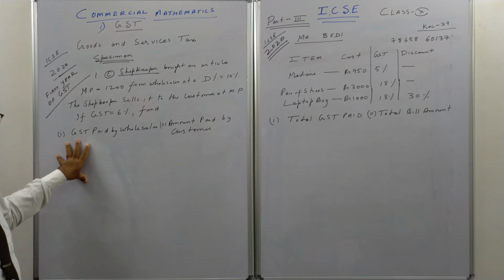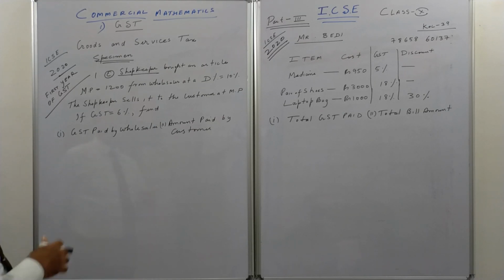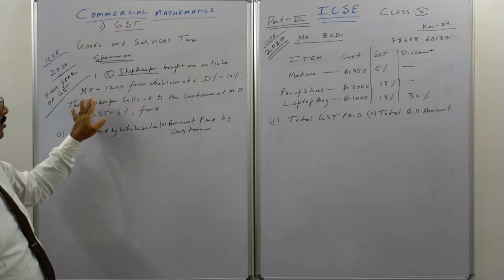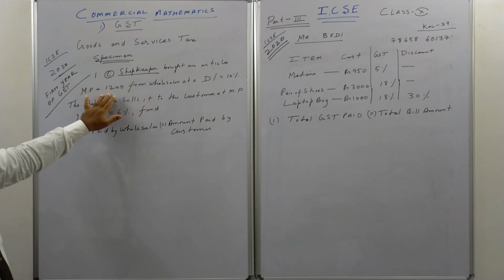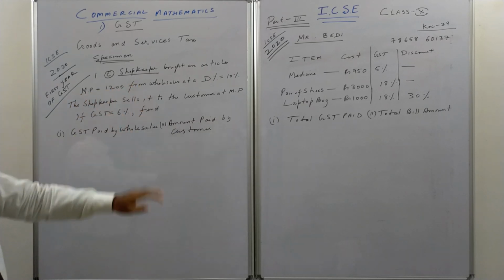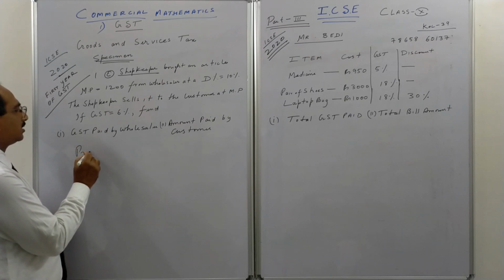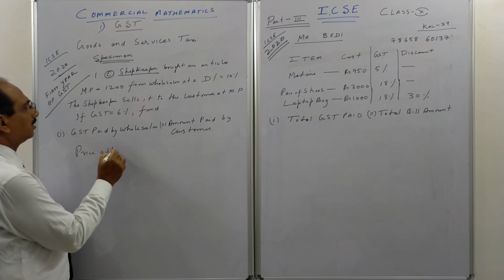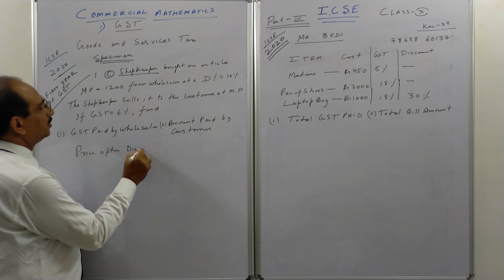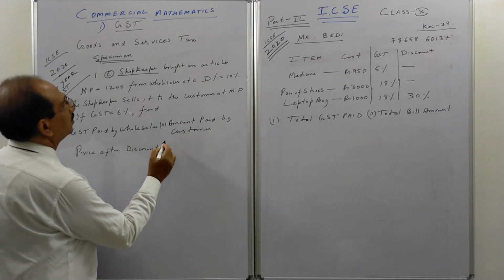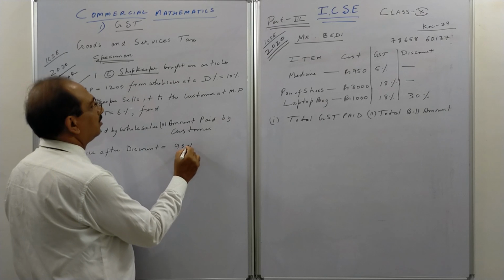So here is the first question from the specimen paper. A shopkeeper bought an article of marked price 1200 from a wholesaler at a discount of 10%. So here, price after discount. So 90% of 1200, there are two ways.